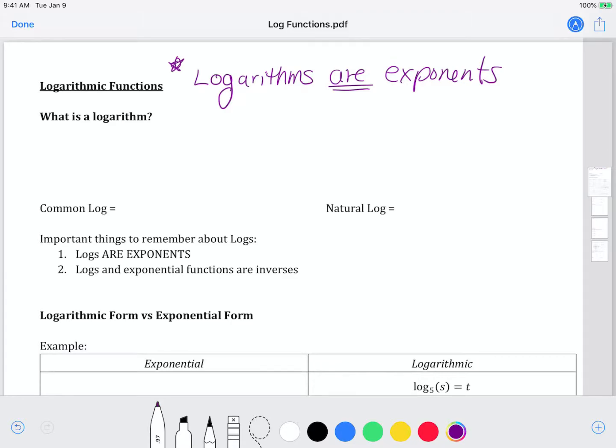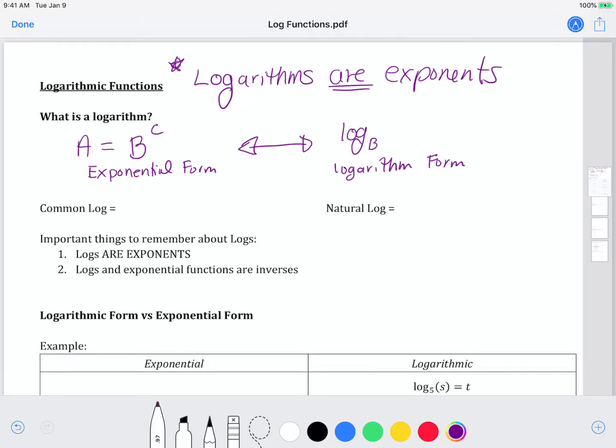So the definition of a logarithm says if we have a is equal to b to the c, this is what's called exponential form, then we can write down the same thing but using logarithm form. So logarithm form would look like this. We would have log, then you would have your base b, and let me color code this so it matches up.